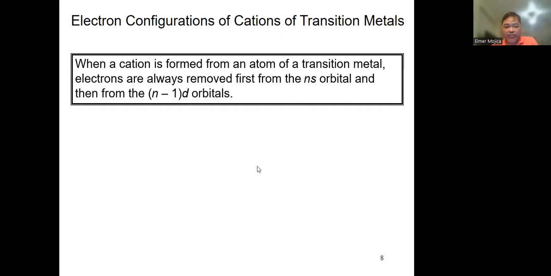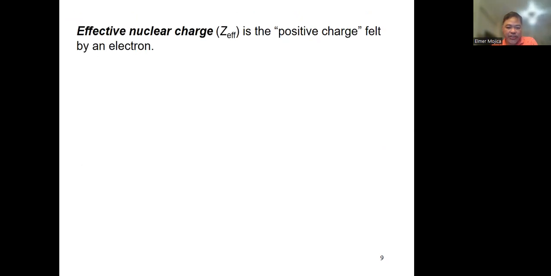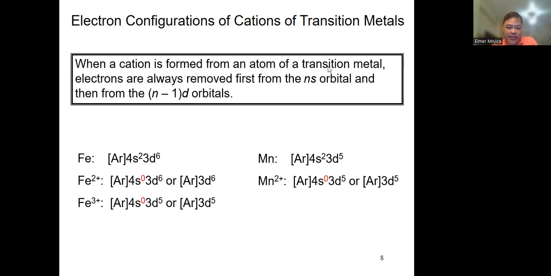Now you can have the electron configurations of the cations of transition metals. Whenever you remove an electron from a transition metal, it is the electron coming from the s orbital, not from the d, because the s and the p orbitals are the more outermost.